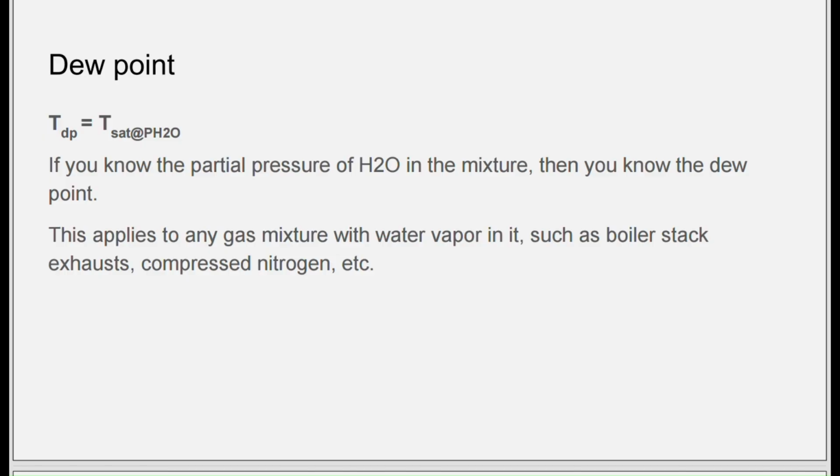If you look at the corresponding saturated steam temperature for that 2.6 psi, that is about 135 degrees or so, plus or minus a couple depending on your conditions. So that's why if you've ever heard that the dew point of water vapor in a boiler stack is about 135 or 133, that's exactly where that comes from. It comes from the saturated steam temperature based on the partial pressure of water vapor in that mixture.